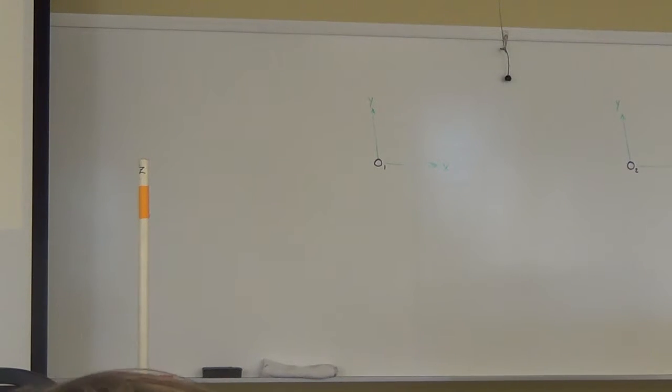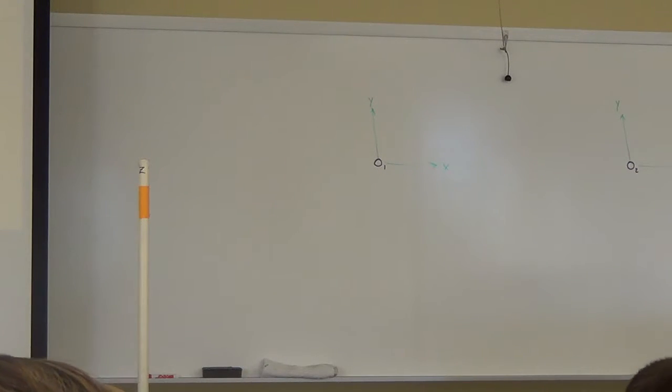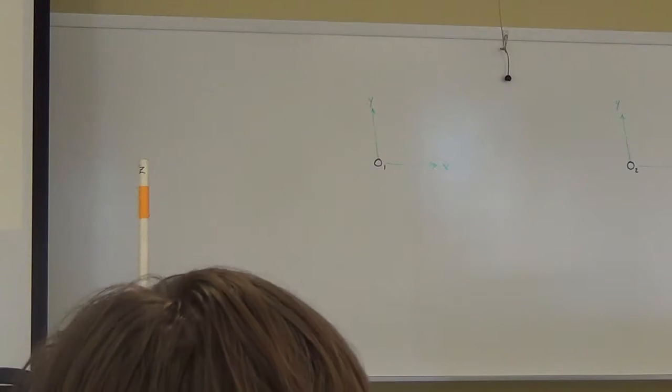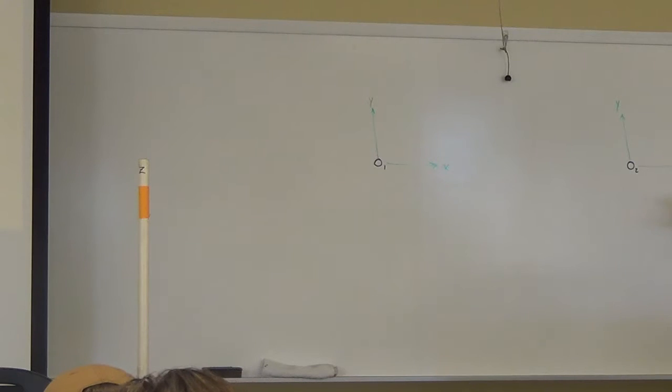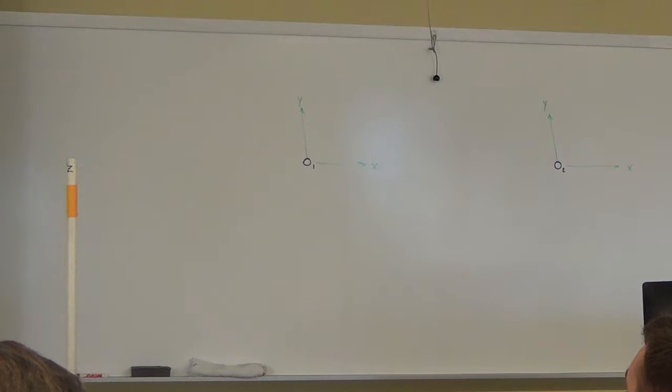Daniel asked if, instead of drawing the axes on the free body diagram, it is okay to just draw the axes off the free body diagram. And the answer is yes. There might be times that it's easier to draw it on, and there might be times that it's easier to draw it off. As long as you have the axes drawn, you're cool.